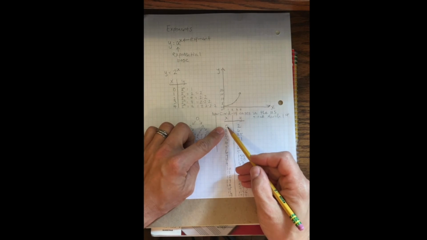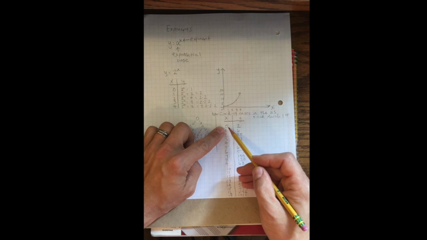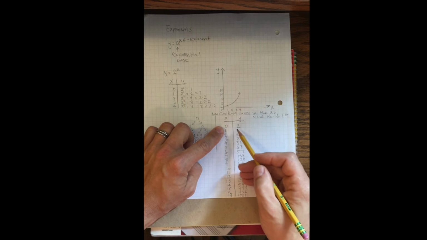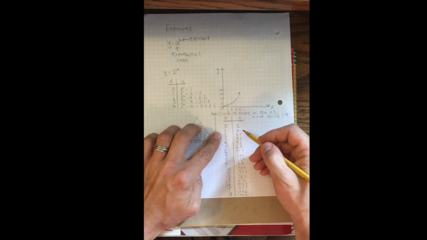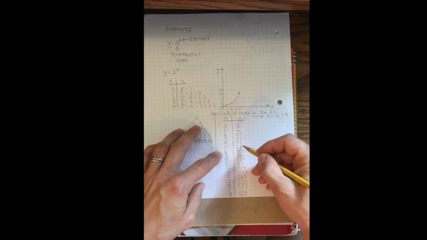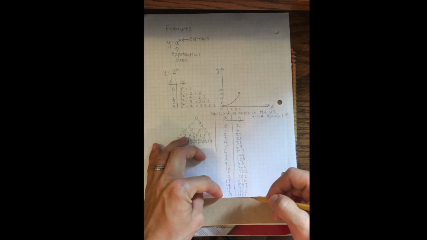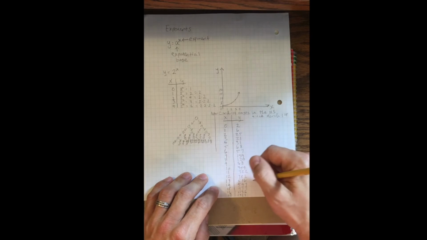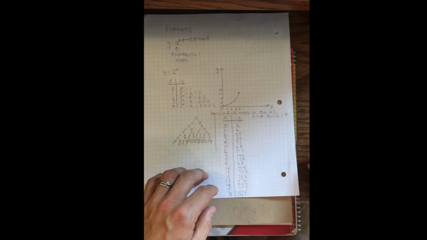Now 0 is from February 28th. So we started at 2, and as you can see here, it's getting bigger and bigger. Now these are newly confirmed cases every single day.